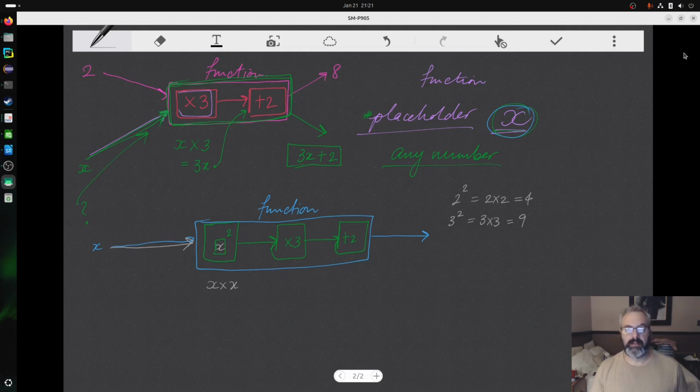You might remember your exponent laws from grade 9. You may or may not be familiar with that, but basically if you have the same base that you multiply, you can simply add the exponents, you can add the powers.